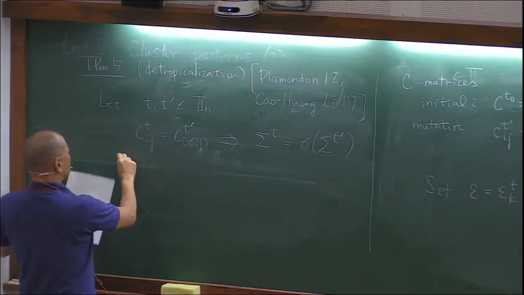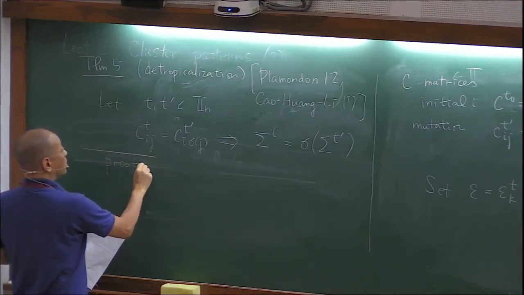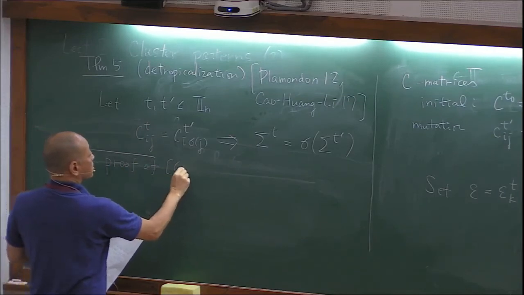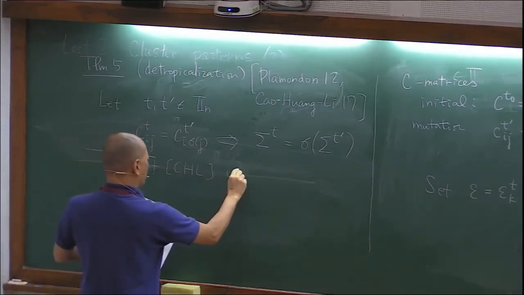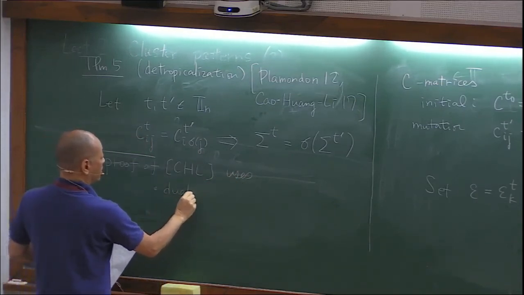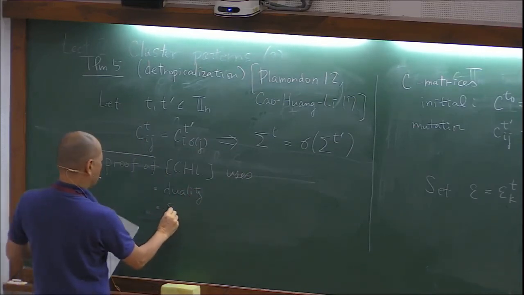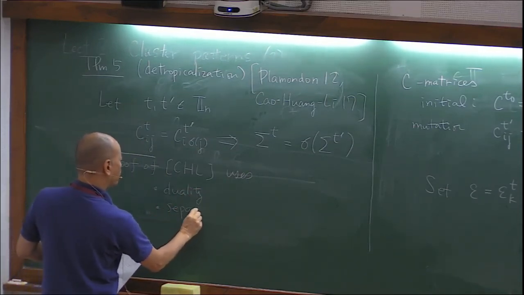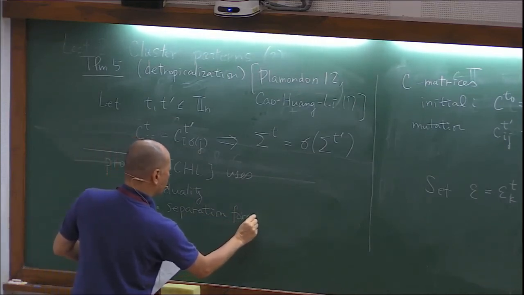The proof of Cao-Huang-Li uses the following things. First of all, they use the duality of C and G vectors, which I explained. Also, they use the separation formula, which I have already explained.